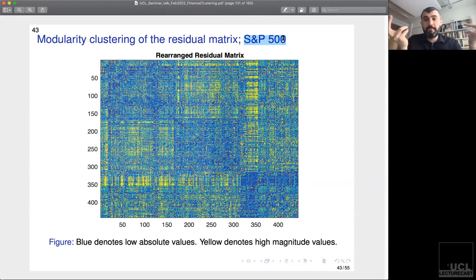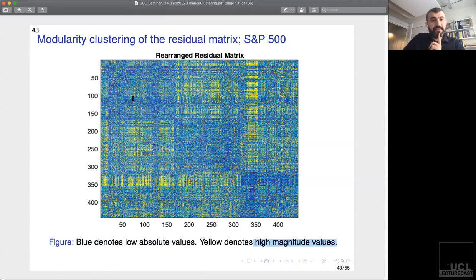And then you can look at the residual matrix. You can look at the difference between these two matrices in absolute value, and then you can cluster it. If you do some type of modularity optimization, for example, on this residual network, if you squint at it from far away, you can kind of see some clusters here. Blue here denotes very low absolute values, so small residual, and yellow is high residual.